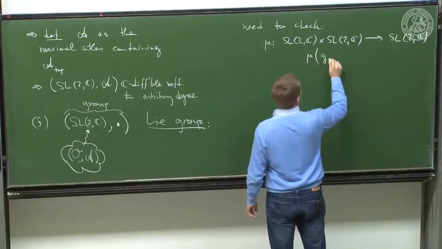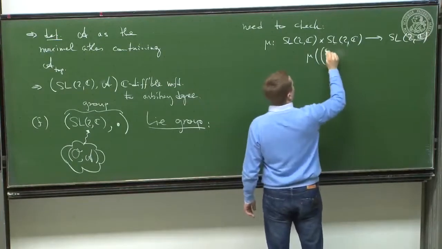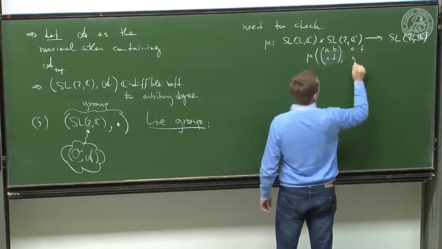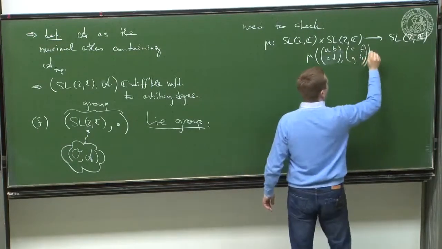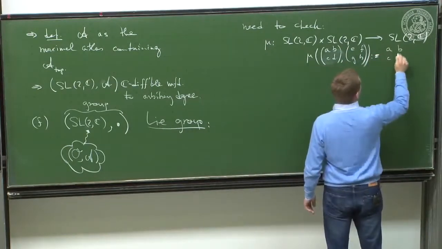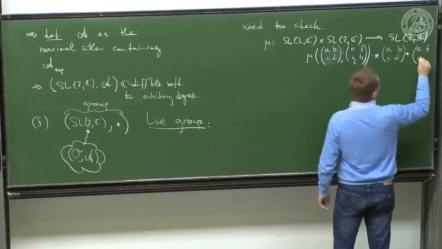So let me call the elements A, B, C, D, E, F, G, H, takes it to the result by the group operation.